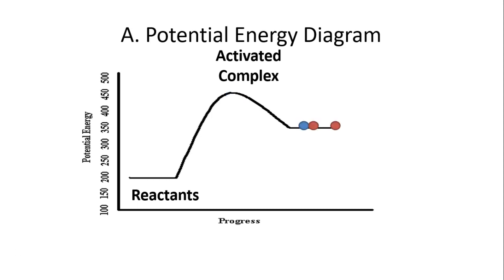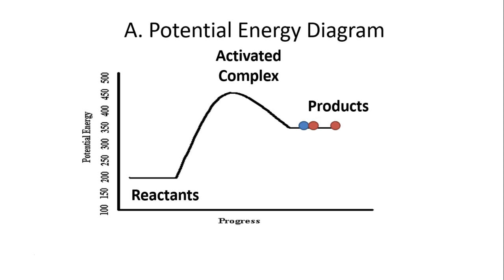They break apart, and as soon as they're broken apart, these new products have less energy than the activated complex does. So they release some energy when this is formed. So here's your three basic parts: reactants, activated complex, products.